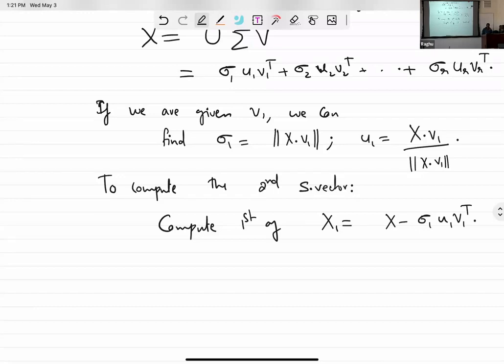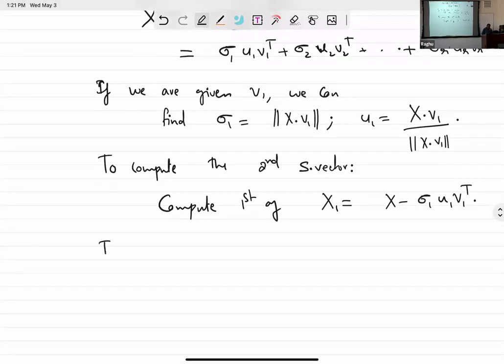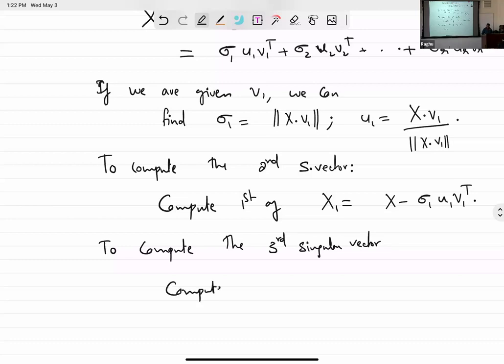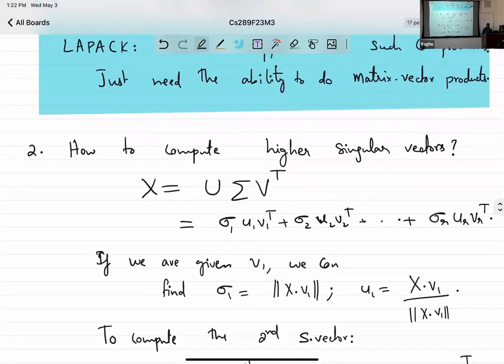And you can do the same thing again to compute the third singular vector. What should you do? Compute the first singular vector of x2, which is the same thing again. I knocked out one. If I knock out the second one, what's the top? It's going to be V3.